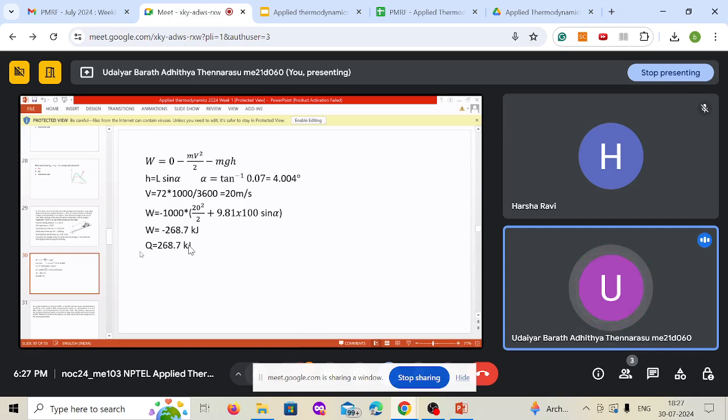Whatever energy you put in to slow down the car is dissipated as heat. So you need 268.7 kilojoule of energy to apply brakes to reduce the speed, and that is dissipated as heat to bring it back to the initial internal energy state. That's what is signified here.